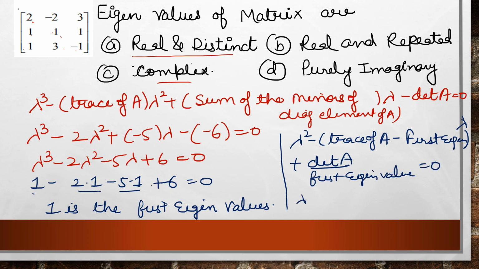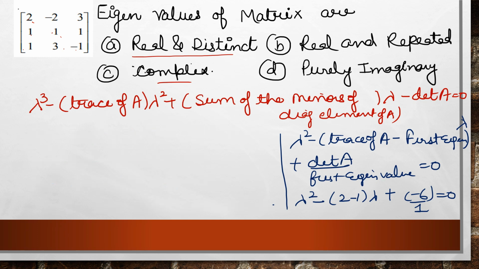So lambda square, what is the trace? Trace was 2. So 2 minus 1 lambda, and determinant was minus 6 over 1 equal to 0. So we will get lambda square minus lambda minus 6 equals 0.